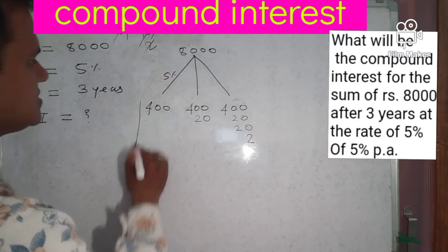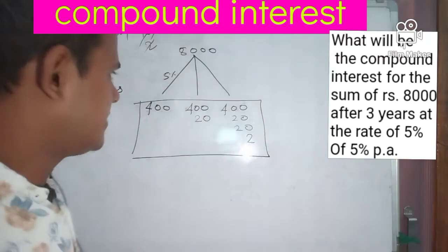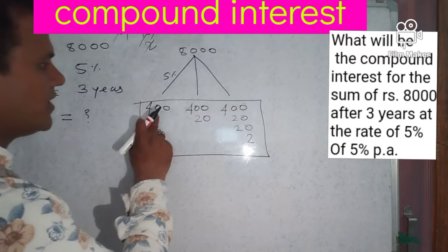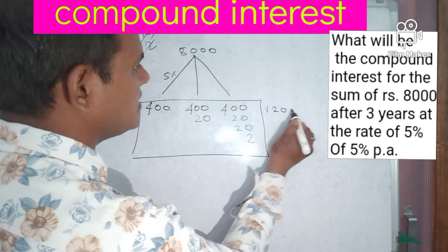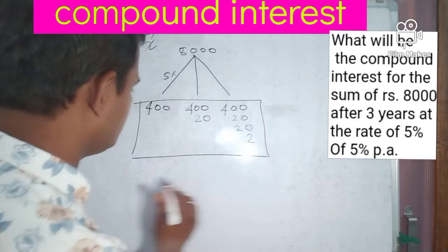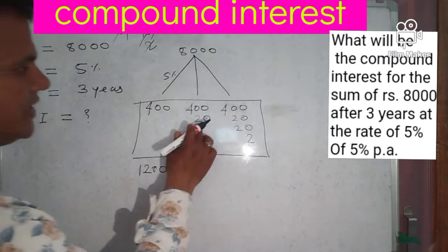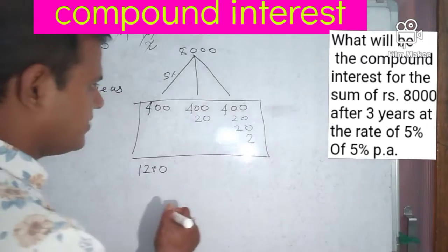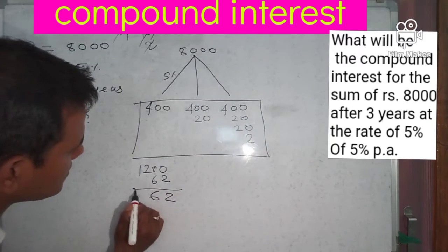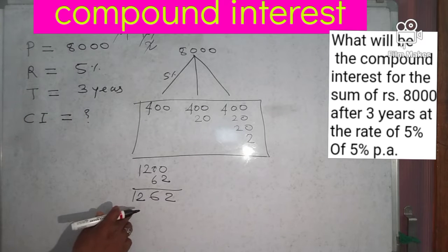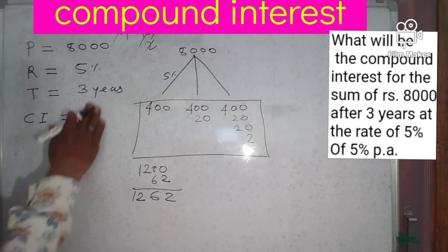So this total area is our compound interest, right? So add 400, 400 and 400, which will be 1200. And 20, 20, 20 is 60, plus 2 is 62. So adding it, the compound interest is 1262.